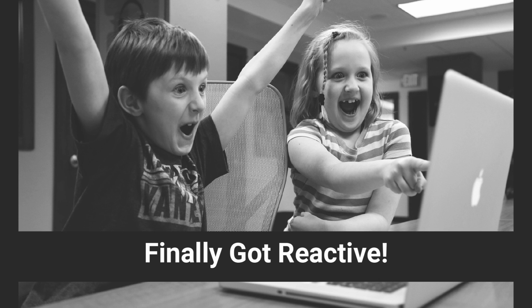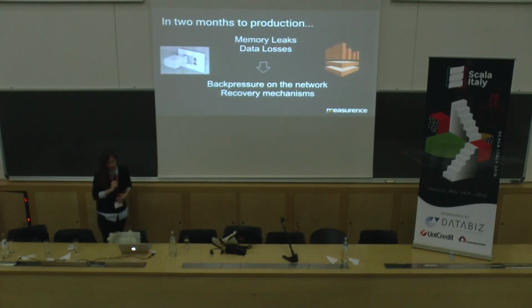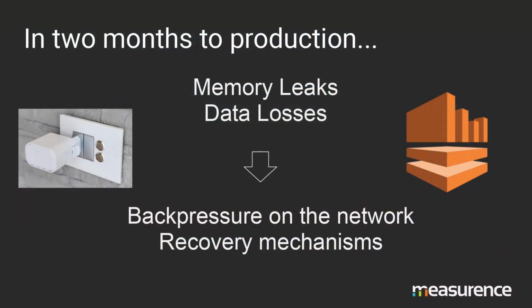So we finally were able to get reactive, but what did we learn from this experience? Let's do a brief recap and check together the key learnings. We started with a system in which, upstream, we had a bunch of sensors that send information through a collector service, and finally this information was uploaded on Amazon Kinesis.